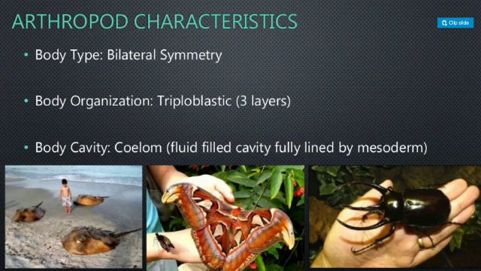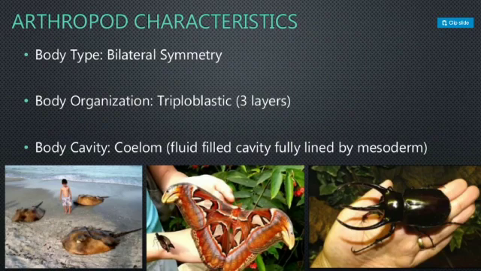And now students, we will talk about some other body characteristics of the arthropods. Their bodies show bilateral symmetry, as their body can be divided into two equal halves by just one plane, and their body organization is triploblastic, which has three germ layers named the ectoderm, mesoderm, and endoderm in their embryonic life.